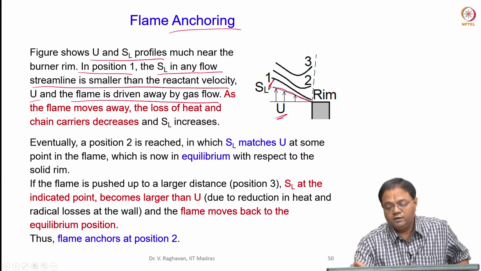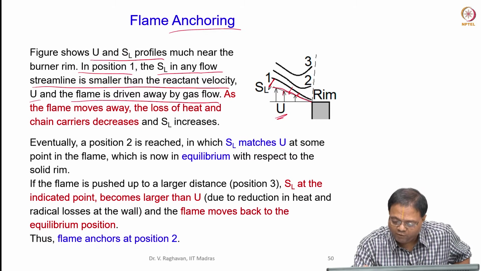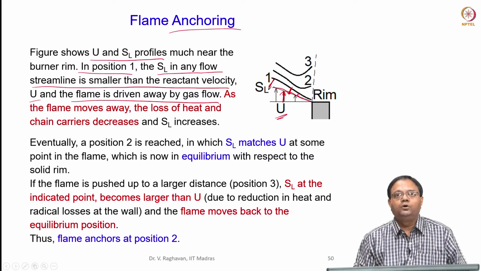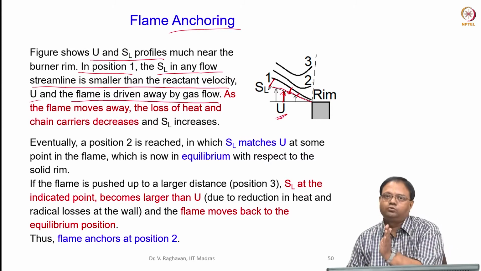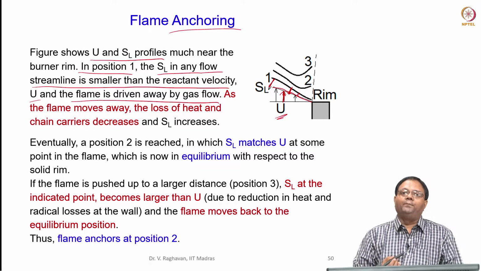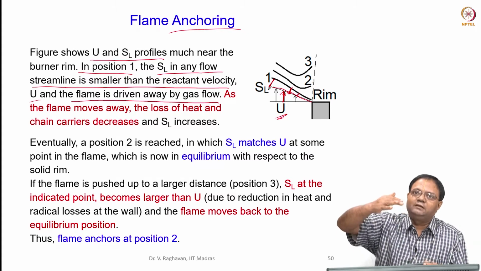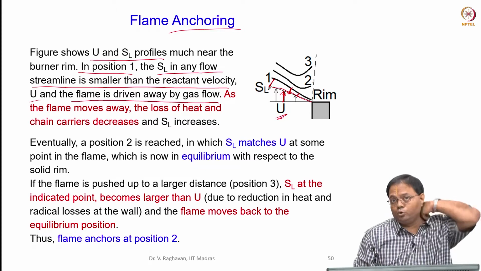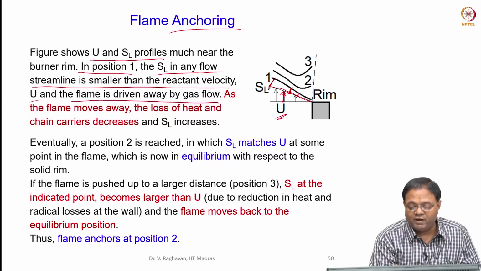If you take the local velocity here, the corresponding SL is smaller than that. When you resolve it, either you resolve U to that direction or resolve SL to this direction, you will find that in the first position the flame, that means from a stable flame you are slightly increasing the velocity U, so that the flame is not able to match that speed of the reactants. So the flame is driven away from the gas.